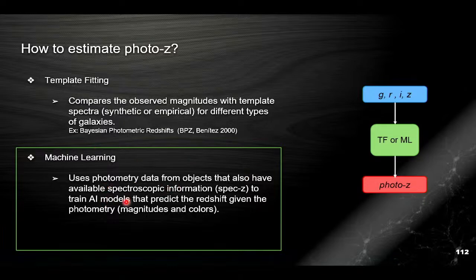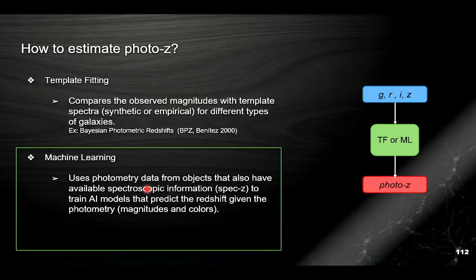So AI models are vulnerable to some bias towards the definition of your training sample, different from template fitting. However, they are much faster in terms of predictions if you are using GPUs in particular, which is where the main AI models process. Okay.